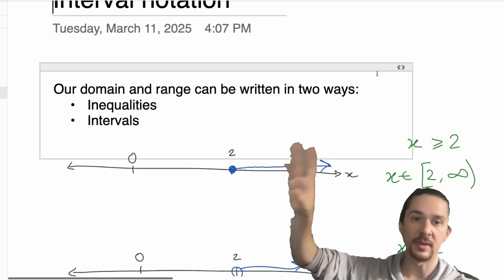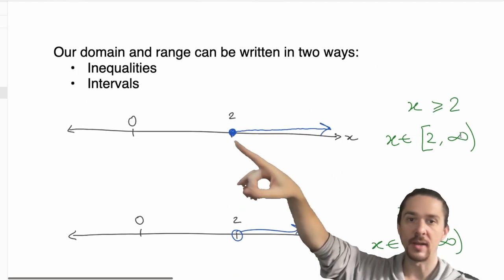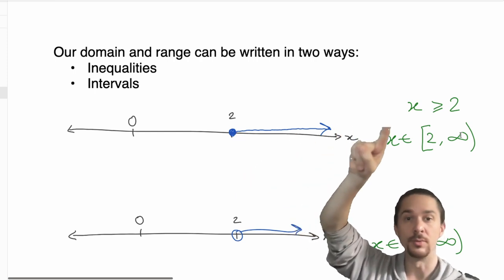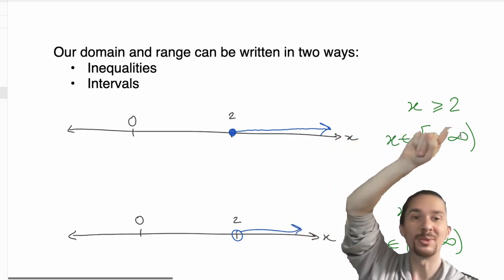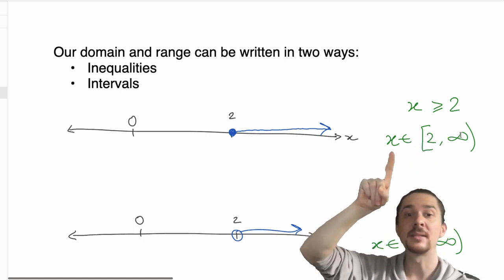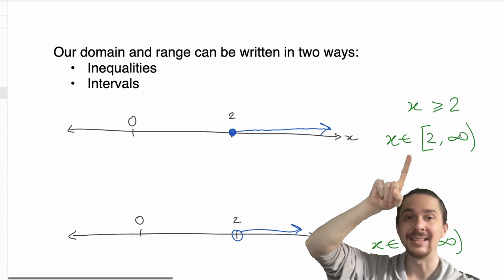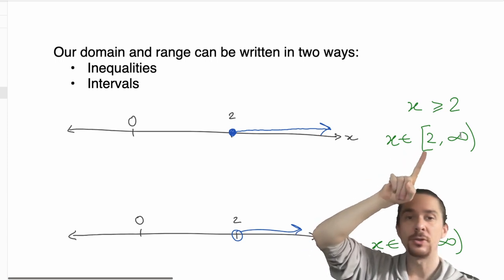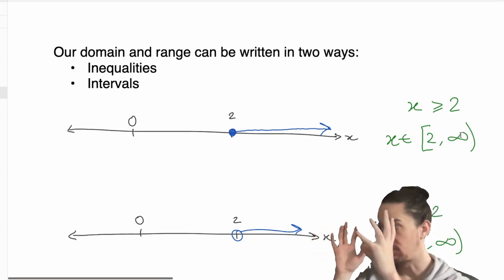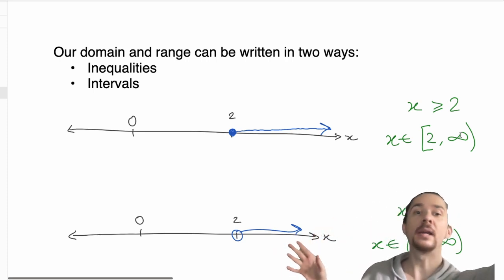If we have this one-dimensional graph here, we can see that x can be equal to 2 or greater than 2. So x is greater than or equal to 2. Here's how we write that with set notation. So this says x is in the set. X is a member of the set. And here we have a lower bound of 2 and an upper bound of infinity. So it can be from 2 up to as high as you like.